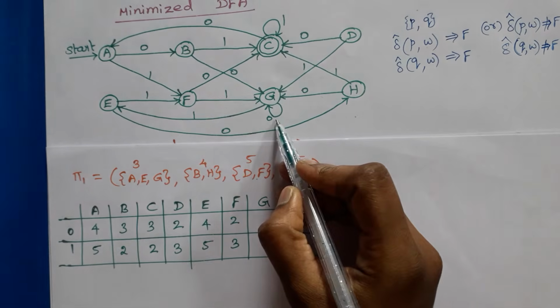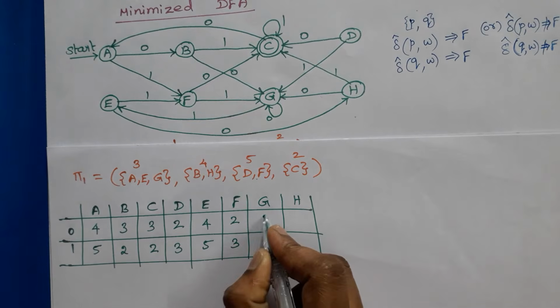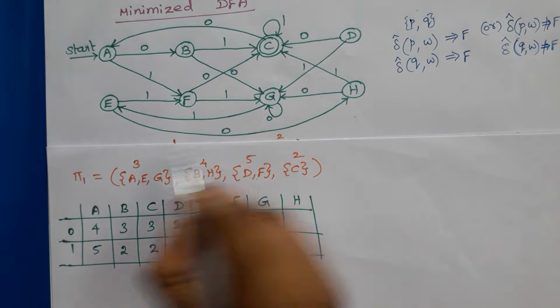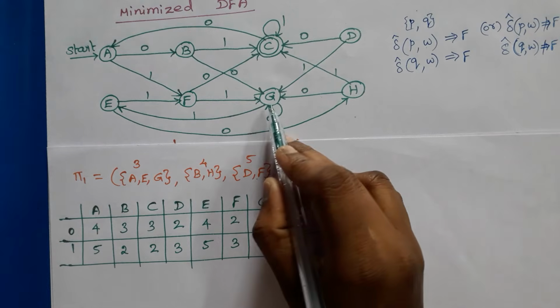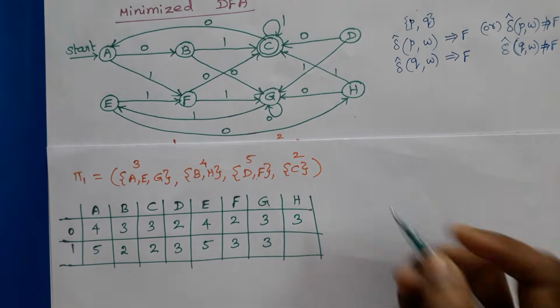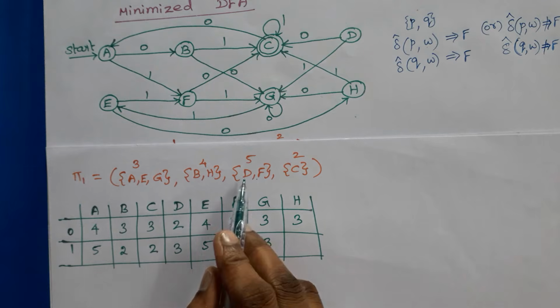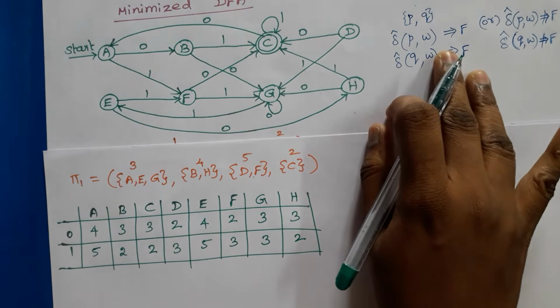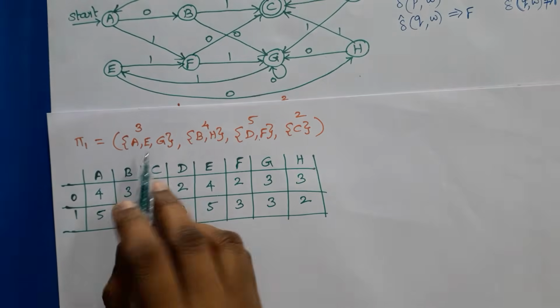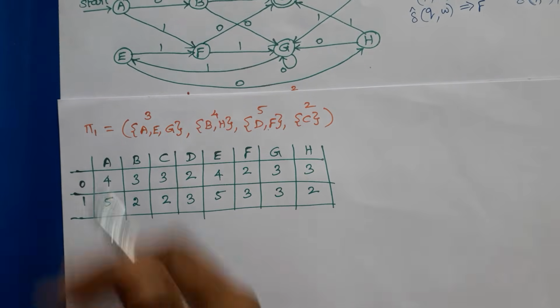From G, 0 goes to E, which is 3, and 1 goes to E, which is 3. From H, 0 goes to G, 3, and 1 goes to C, which is 2. Now again we have to check whether this group can be partitioned into other groups or not.